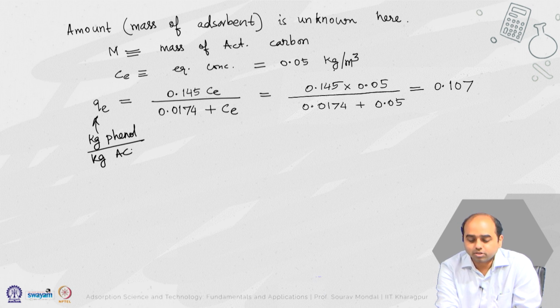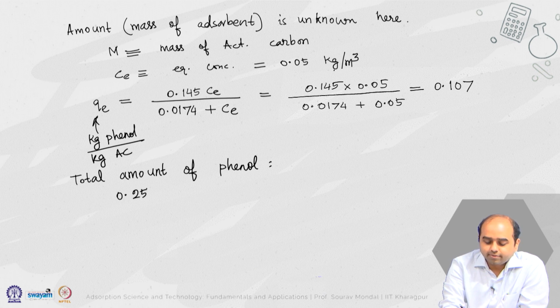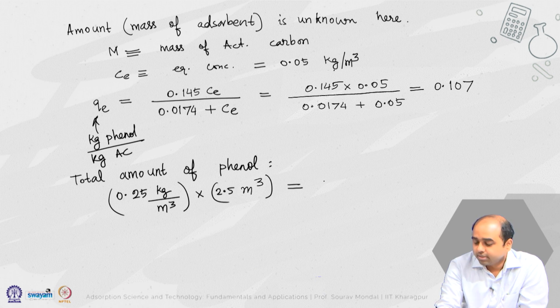So, for the total amount of the phenol, once again we will be using that conservation equation. Initially it is 0.25 kg per meter cube concentration, and it is multiplied with 2.5 meter cube, and this is equal to the amount of the phenol that is present in the solution, which is Ce into 2.5.